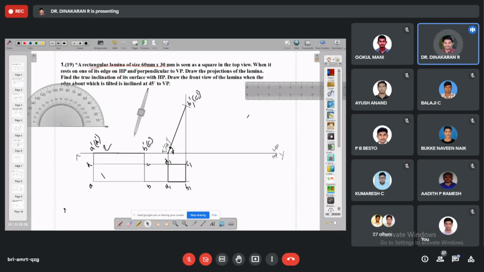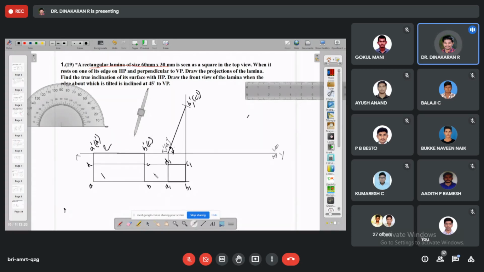You see, guys, a rectangular lamina 60 into 30. First, we need to draw a rectangular lamina of 60 into 30. After that, projection. That is the first and second step. Then in the third step, they will give a surface inclination in some questions. But in this question, they didn't give us a surface inclination. Instead, they gave us a view. The top view looks like a square. So directly from the ABCD true shape of the rectangle, I projected the horizontal line.